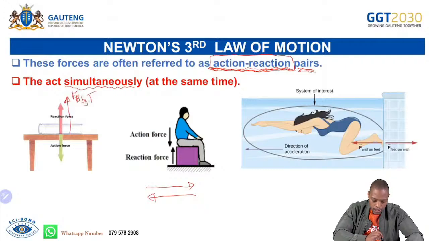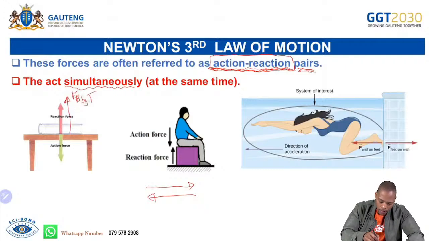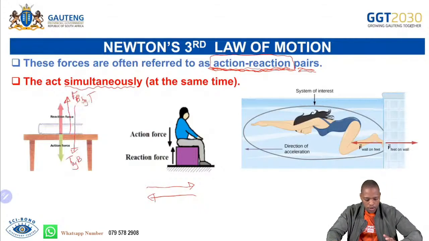The table, right? And you are also going to have a reaction force, which is going to be acting on the table, and it will be by the book. So it's the force on the table by the book. These two forces are equal to each other, but they are in opposite directions, right?